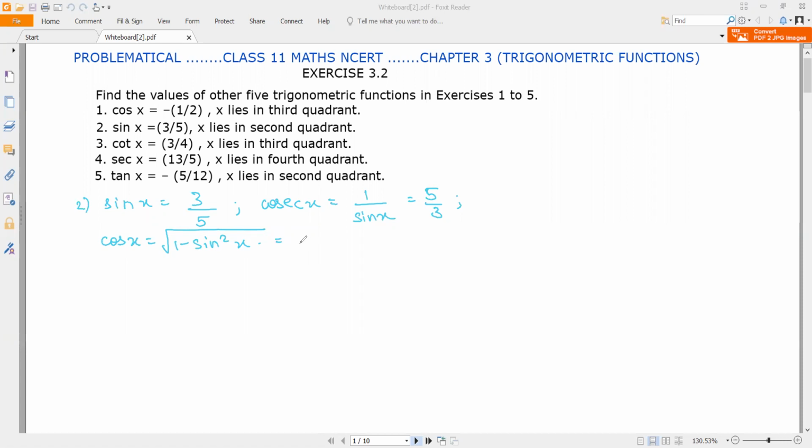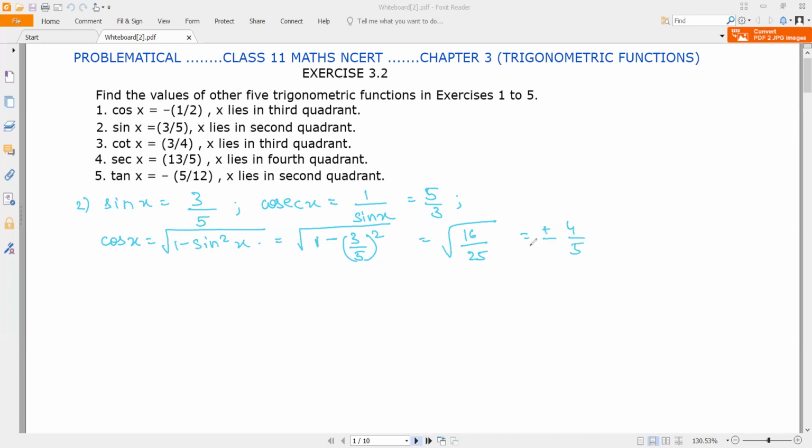This will be equal to root of 1 minus 3 upon 5 whole square. 3 square is 9, 5 square is 25. So this is 9 upon 25. 1 minus 9 upon 25 is 25 minus 9, which is 16, so 16 upon 25. Taking the square root, you get plus minus 4 upon 5.